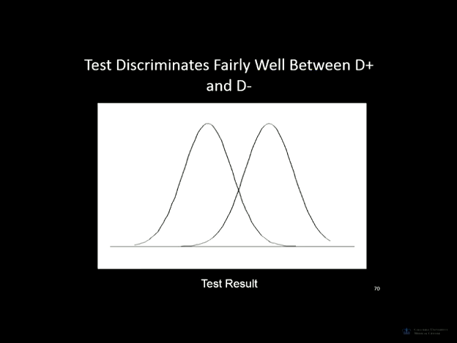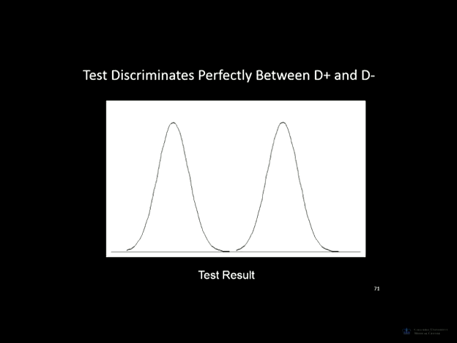So this is showing a fairly good test where there's some overlap between the distribution of the test results in the patients without and with the disease. This is a perfect test. Anyone who tests positive with this test, they've got the disease.